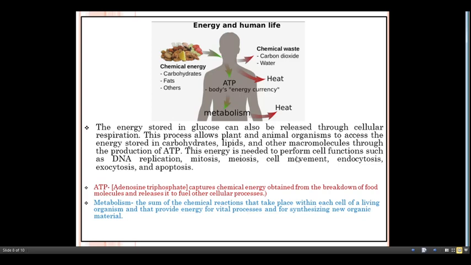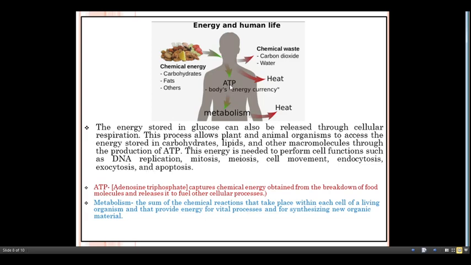This energy is needed to perform cell functions such as DNA replication, mitosis, meiosis, cell movement, endocytosis, exocytosis, and apoptosis.